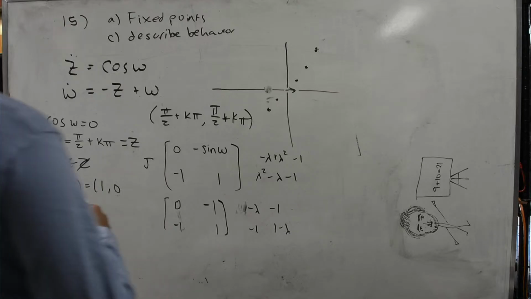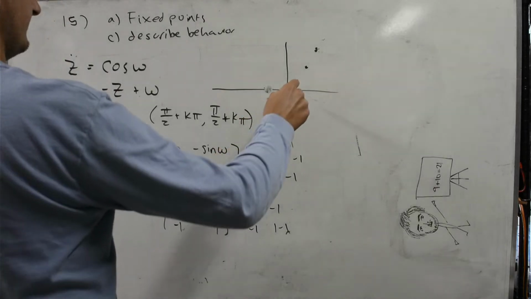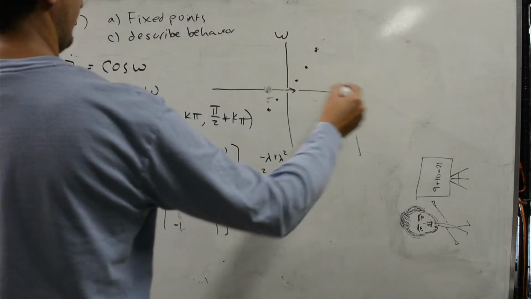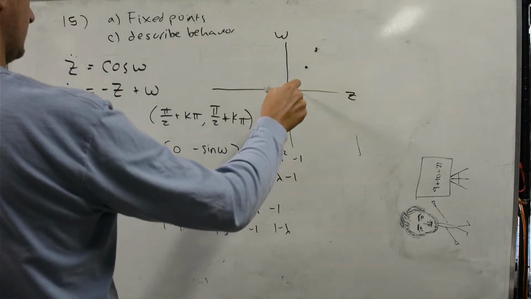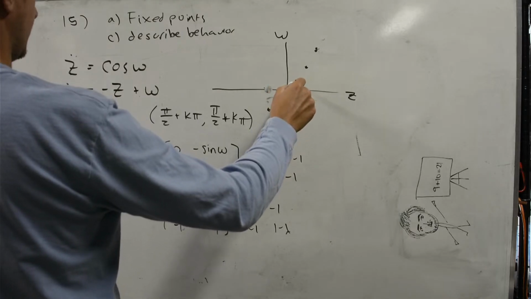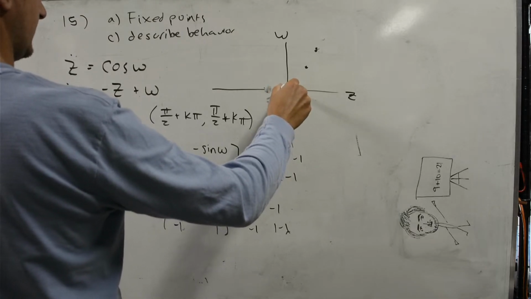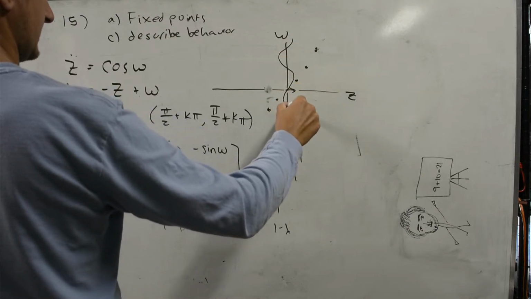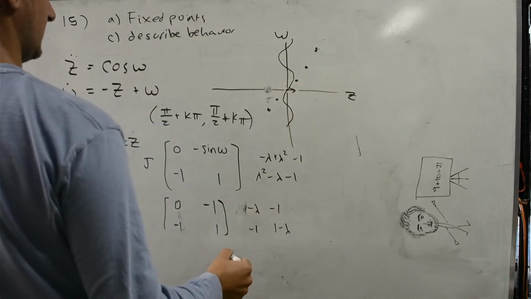If you were to just plot z dot for different, so this is w and this is z. If you were to just take z equal to 0 for all cases, then you should get a wave along this axis, right?